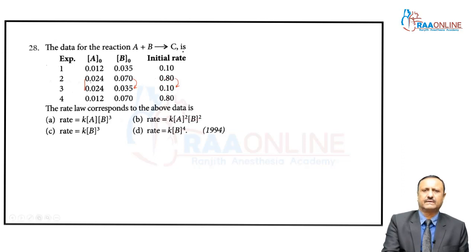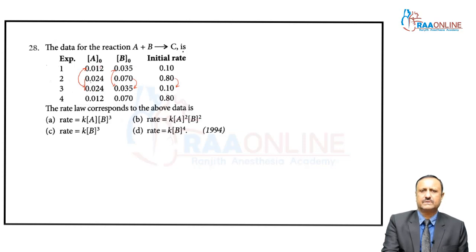Now, we can see here the concentration of B is constant at 0.035, and you increase the concentration of A, it is doubled from 0.012 to 0.024.